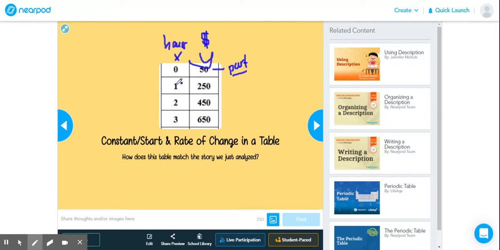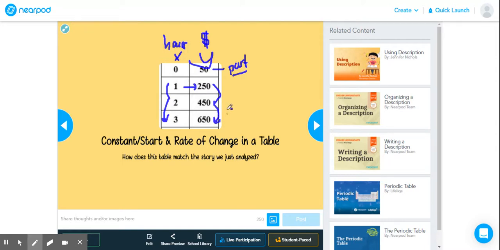Then it says after 1 hour that the mechanic is working, they're going to charge me $250. Well, it's not a direct multiplicative relationship here. I'm not paying the guy $250 for every hour; we knew he was only charging $200. So why is this $250 over here? Because I'm paying $200 for the hour of work plus that $50 for the part. So we have that multiplicative piece and that additive piece of plus 50. As we go up every hour in my table, how much money are we going up by?